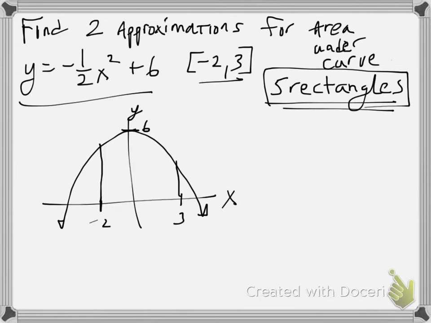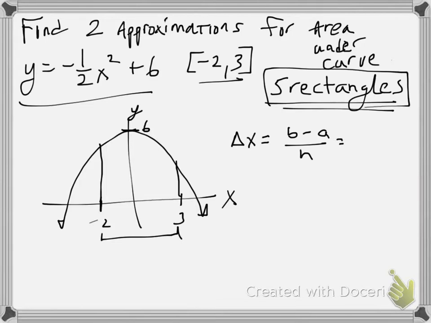So the first thing to figure out is how are we going to subdivide this interval from -2 to 3 into 5 rectangles. Well, you can probably already figure it out, but in general, the width of your rectangle, which is going to be the base of the rectangle, which is a delta x measure, is going to be b minus a over n. That's something you can memorize if you want to, but you really want to understand why this is happening.